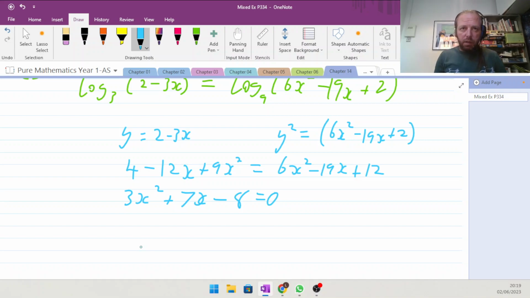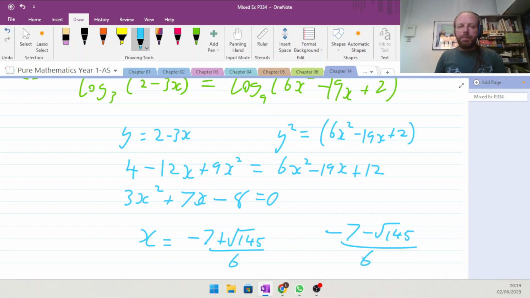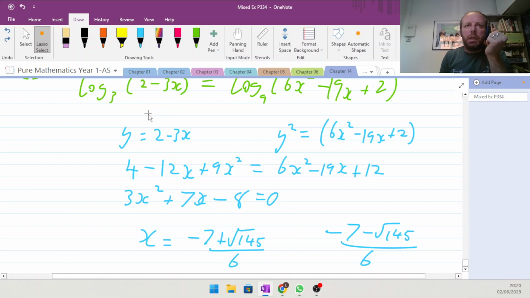I don't like that at all. x equals minus 7 plus root 145 over 6, and also minus 7 minus root 145 over 6. Clearly not right, clearly not any good.